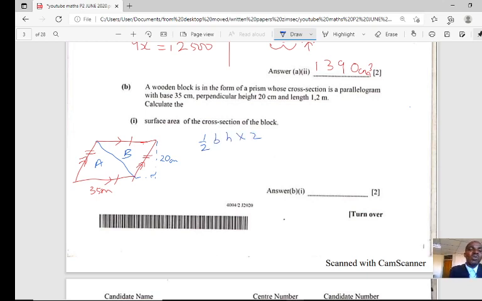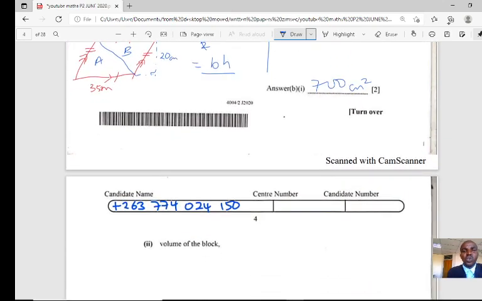Then these 2s cancel out. So area will be base times height. That's the area of a parallelogram. So my base is 35 times height 20. What do you get? 700. So it will be 700 square centimeters. Don't forget to put units, please.